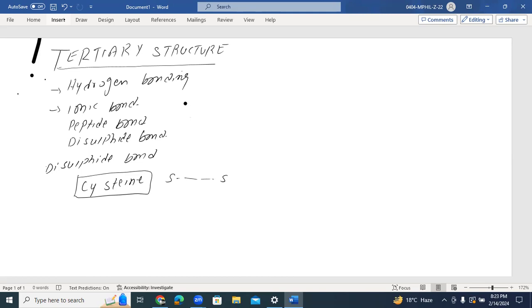This bonding will be formed here. So this cysteine contains sulfur. It means this cysteine is able to form disulfide linkages in the protein. Definitely cysteine is present in most of the proteins. It is a part of the protein, so specifically in tertiary structure it's going to form the main disulfide bond. It is the strongest bond.